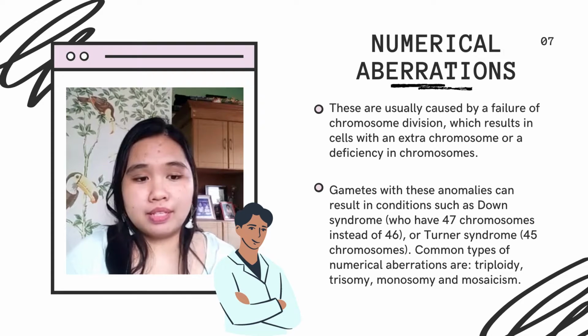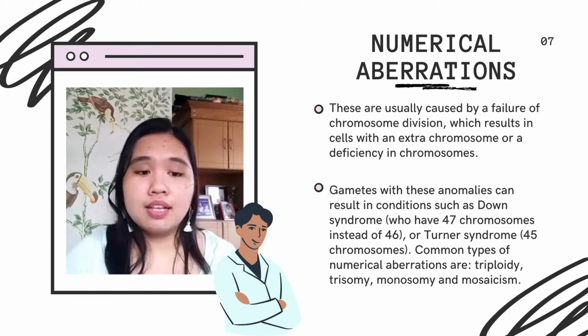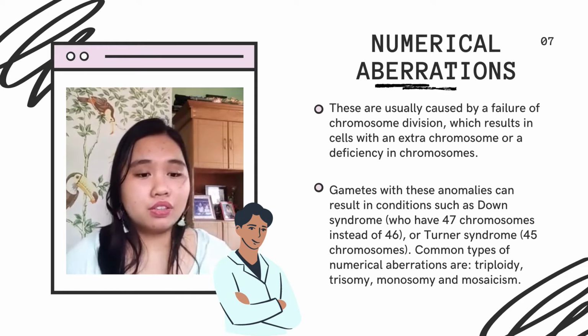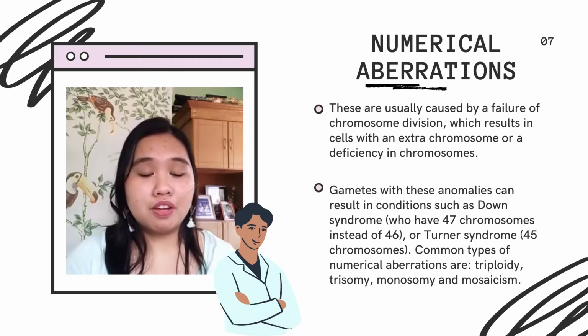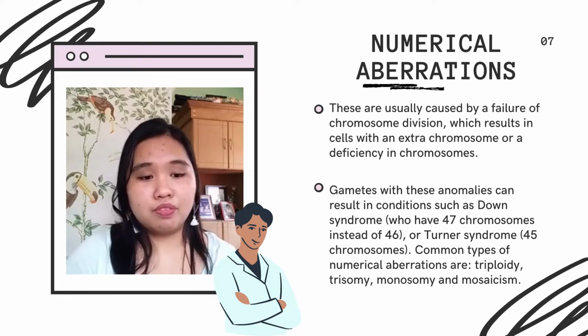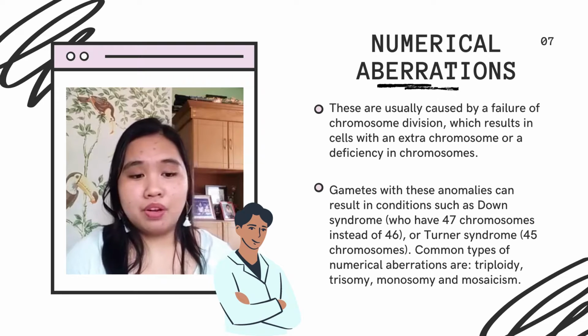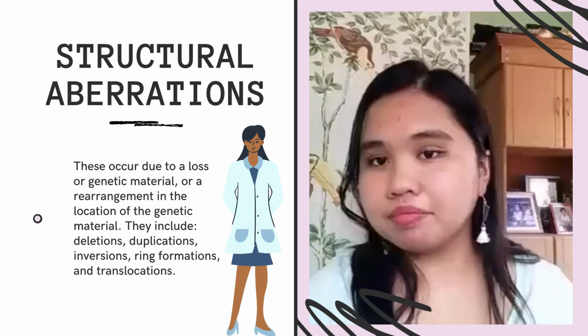Gametes with these anomalies can result in conditions such as Down syndrome, who have 47 chromosomes instead of 46, or Turner syndrome, 45 chromosomes. Common types of numerical aberrations are triploidy, trisomy, monosomy, and mosaicism.